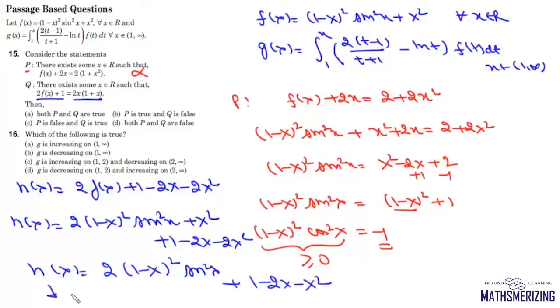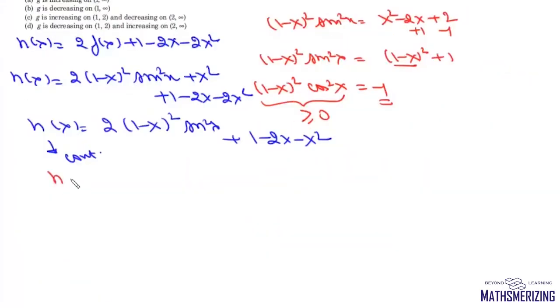Now this h(x) is a continuous function. If we find h(0), then h(0) will be 1, and if we find h(1), this is 0, and here it will be −2. So h(0) is positive and h(1) is negative. So this function will cross the x-axis between 0 and 1 at least once.